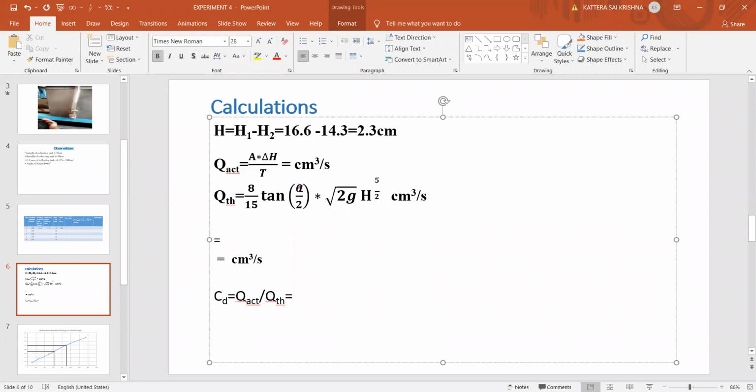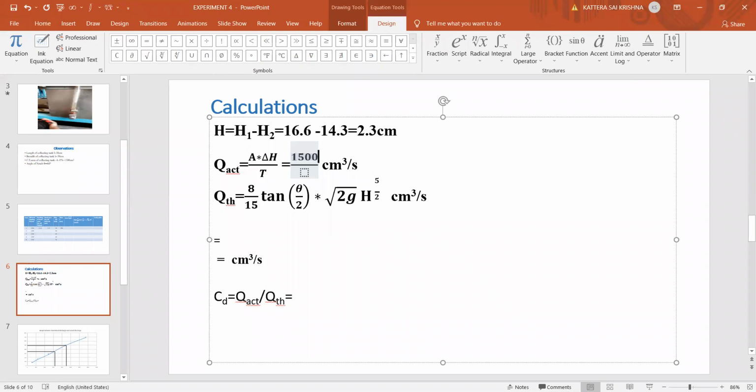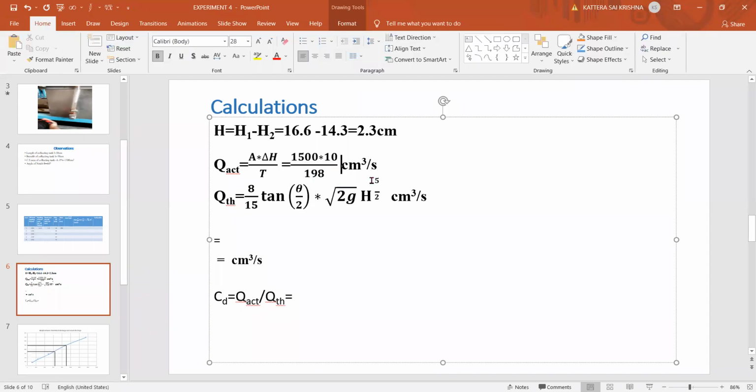Next we calculate Q actual by using the formula A H by T. The area we have already calculated as 1500, so 1500 into 10 centimeters rise divided by the time taken, 198 seconds. Just calculate this value and tell me the Q actual value for the first reading.